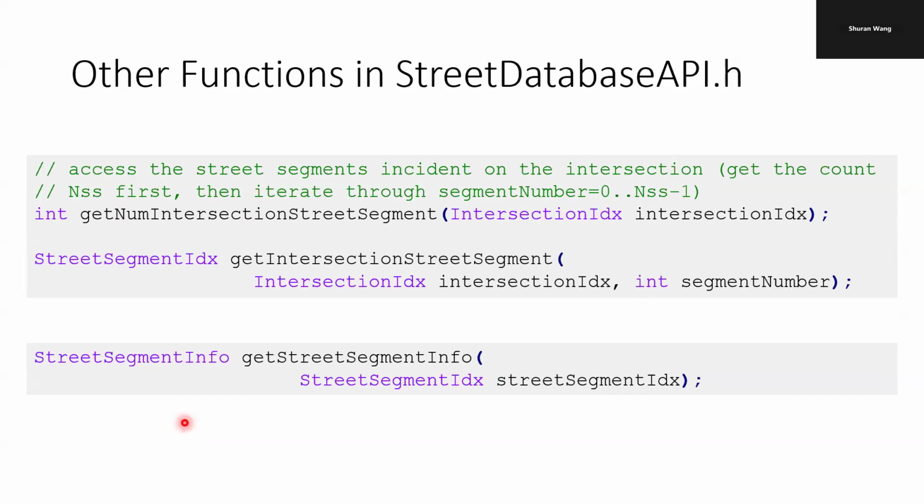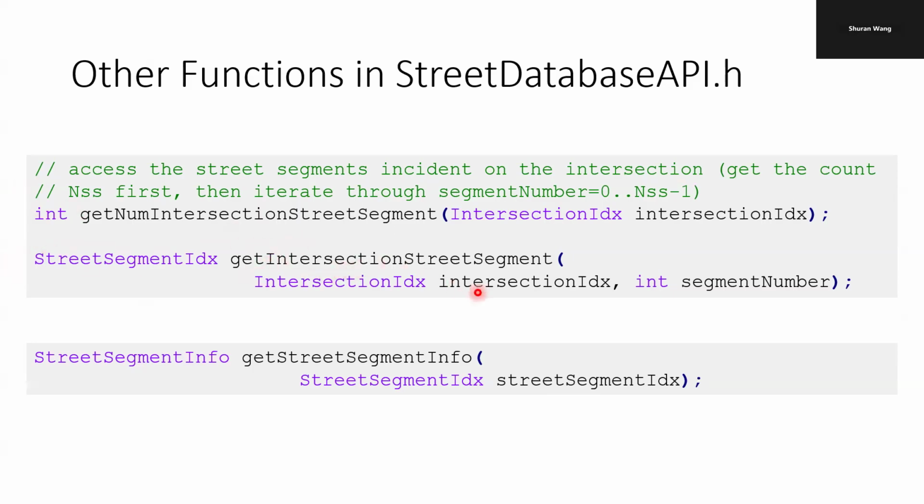There are other functions that are useful for the function we're implementing now. So we have the get num intersection street segments that takes in an intersection index. All of the descriptions are in the comments. So this function returns the number of street segments connected to the intersection. So it's an int.